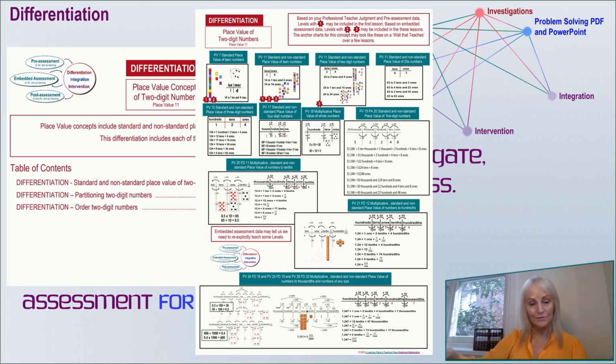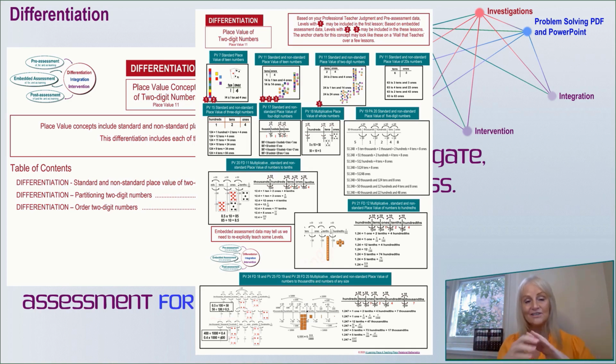We can then move children up, we can move children back, and then we know exactly what levels to include in the next lesson. So again, we're suggesting in the second lesson we may need to reteach those 2 levels. Then by the third lesson, someone's ready to move up to the next level.